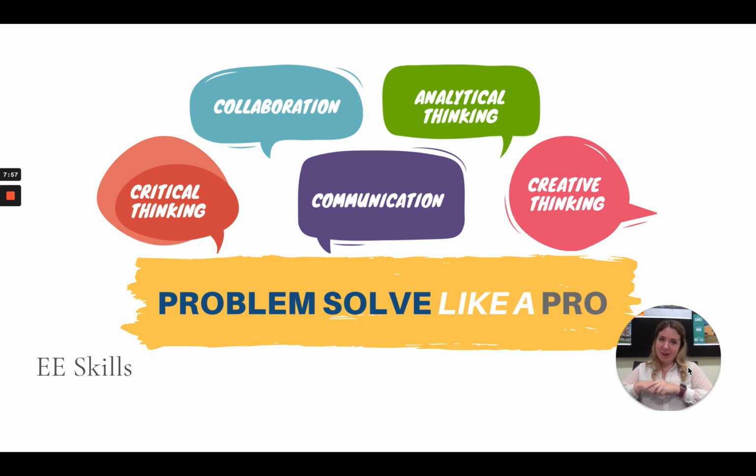Lastly, creative thinking. And I've left creative thinking till last because it's going to be a focus for today. We don't often think about creative thinking in our academics, and I'm sure it's not the first thing that came to mind when you thought about your extended essay. But creative thinking is going to do a couple of things for you. It's going to make sure you come up with a question you're interested in. It's also going to make sure you come up with something unique, something that's wholly you.